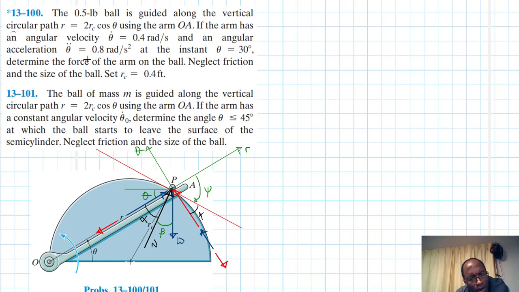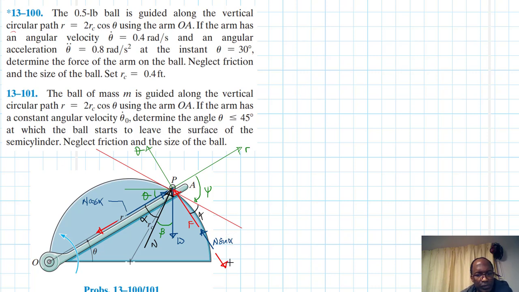So what do we have? We said this here is the force F. This one here is N cos alpha, and this one is N sine alpha.